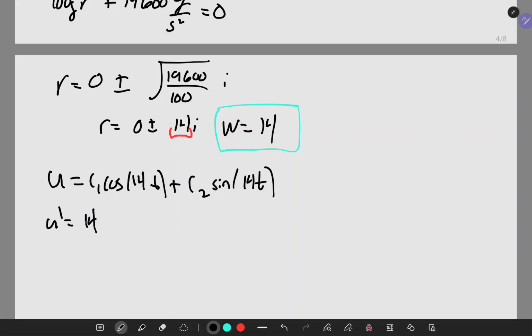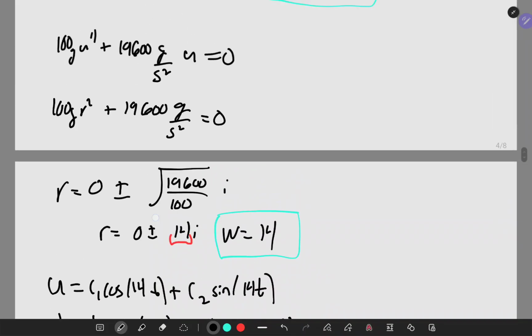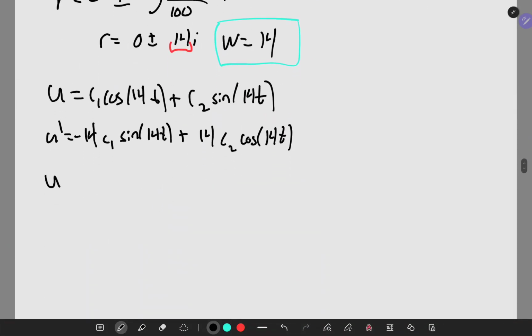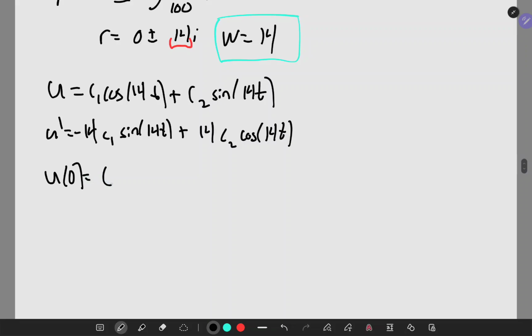So we have this. Now we can take our initial conditions, u of 0 equals 0. If we plug 0 in for our t's up there, we're left with C1 cosine of 0, so that's C1. So C1 is equal to 0.